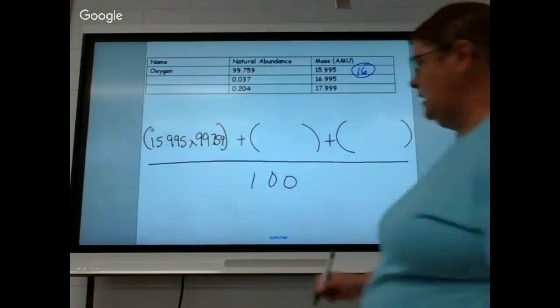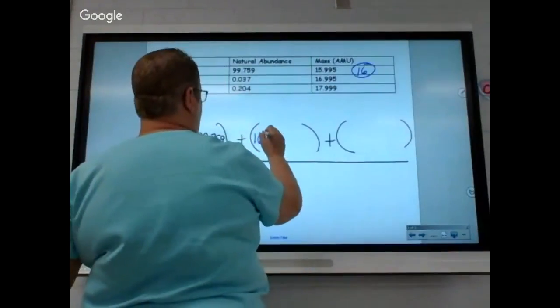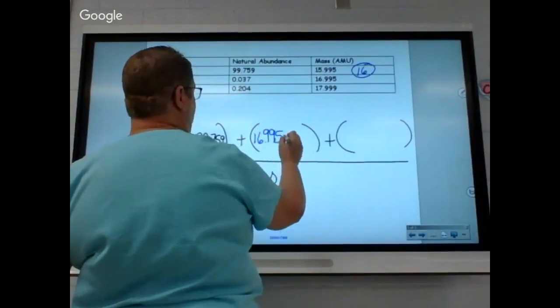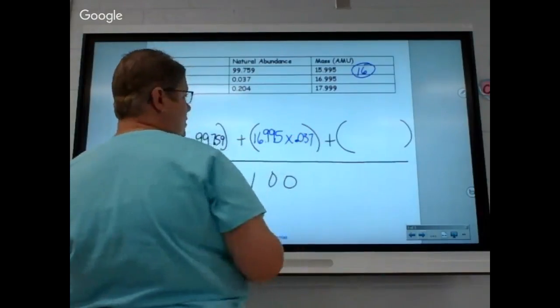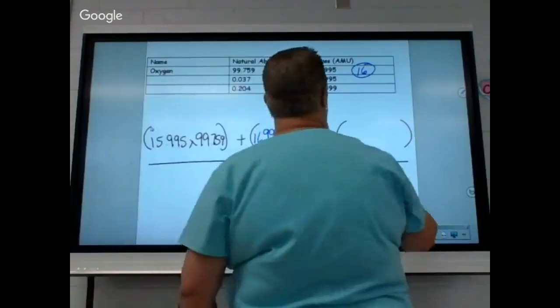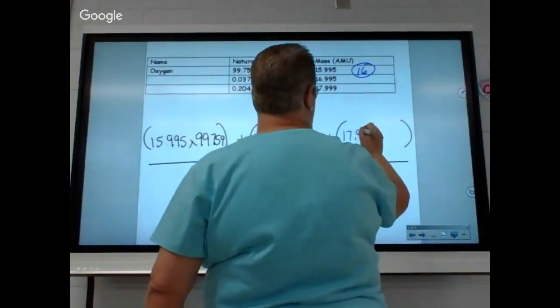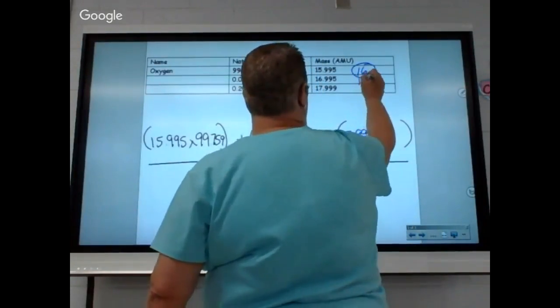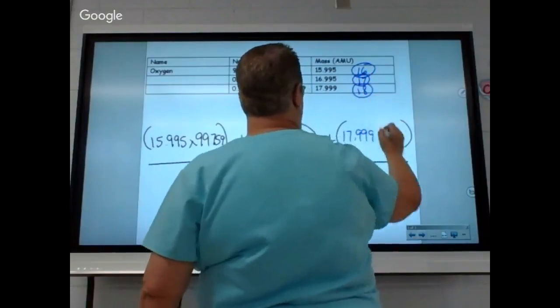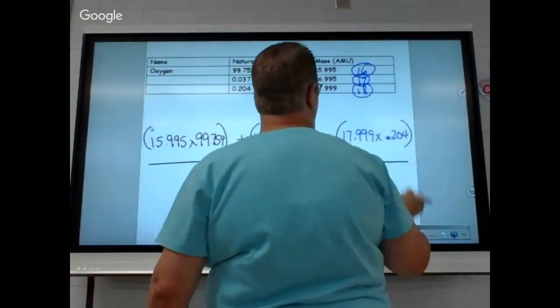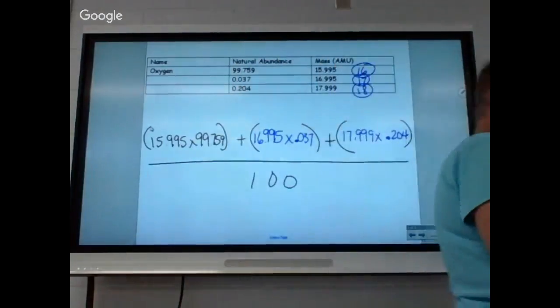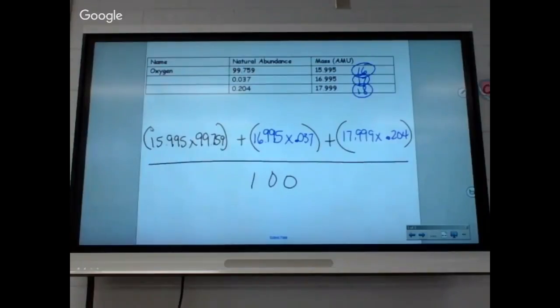So, you take the 16.995, which is the next isotope, and multiply by the percent of 0.037, and then the last isotope, the 17.999, which is oxygen 18, times 0.204. We're going to get something pretty close to 16 because they're not a very high percentage on the planet, but those isotopes do change it.